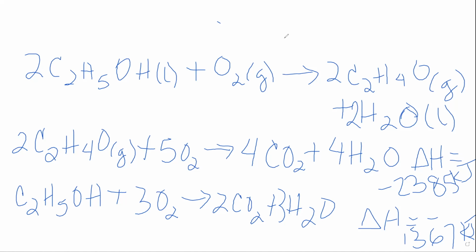Six H2O. Okay. Yep, that's correct. All right, so let's add them together. The 4 CO2 goes away. This one becomes a 2 here. This one becomes a 1 there. Okay.